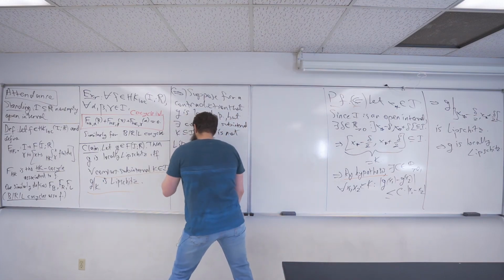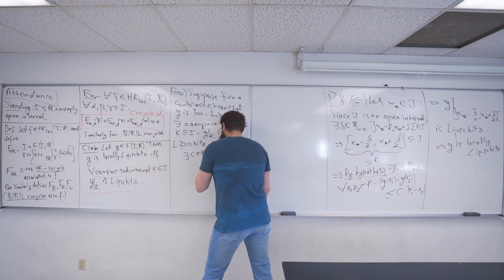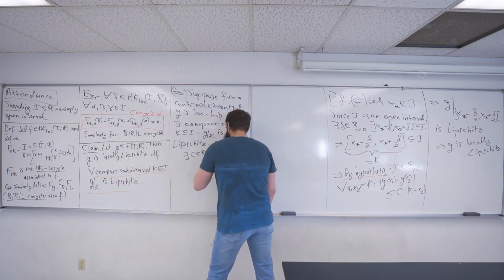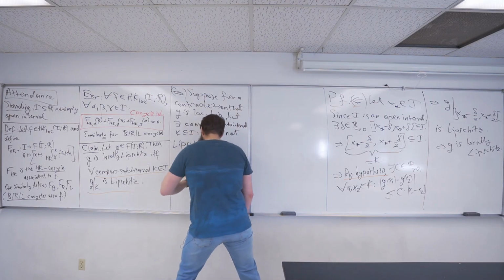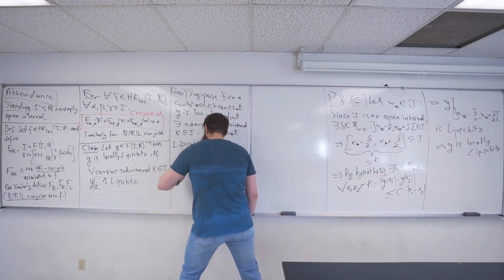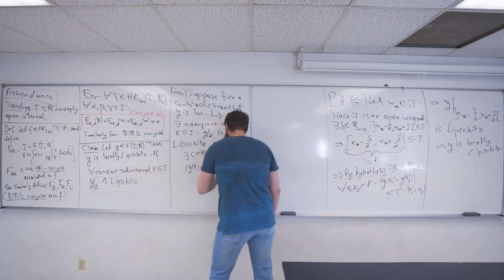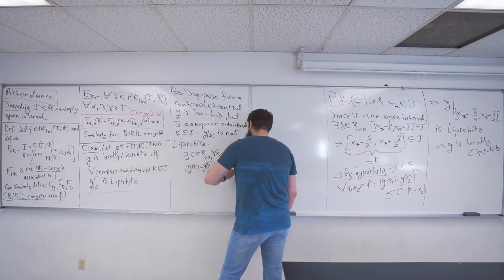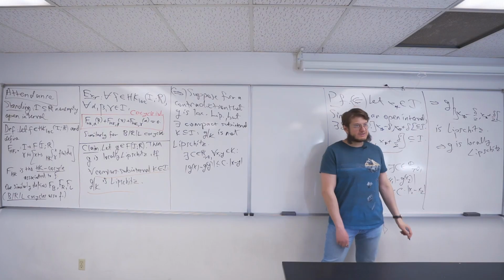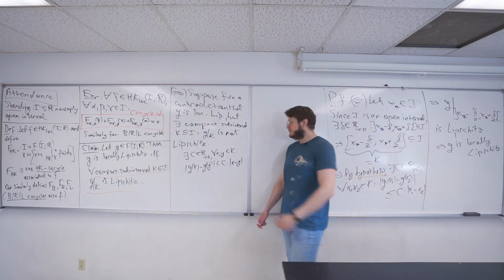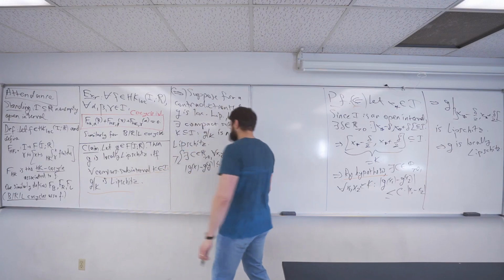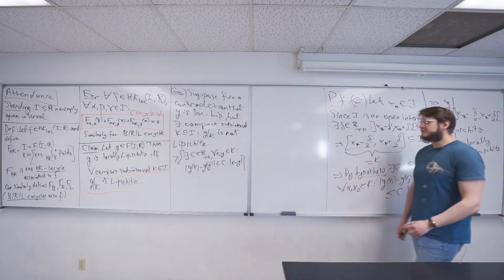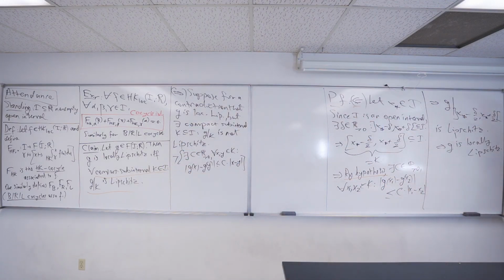So Lipschitz property is there's a constant c such that for any x, y in K, |g(x) - g(y)| is upper bounded by c times |x - y|. That's Lipschitz property. Not Lipschitz property is its negation.